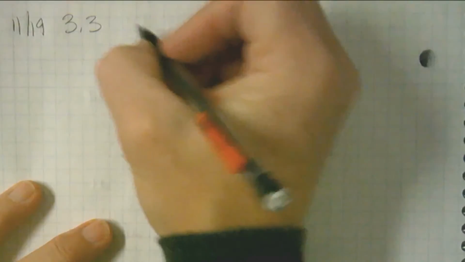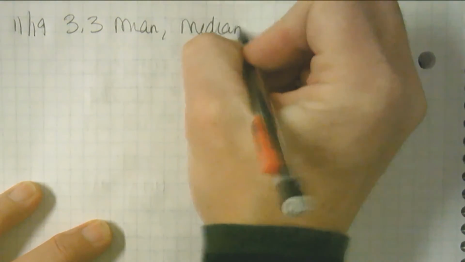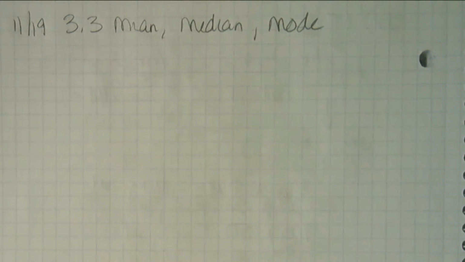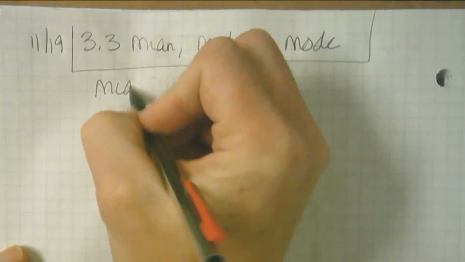So we're dealing with 3.3, mean, median, and mode. Depending on how far we get here, we may have to adjust our homework. We'll take a look. All right, these are called measures of central tendencies.